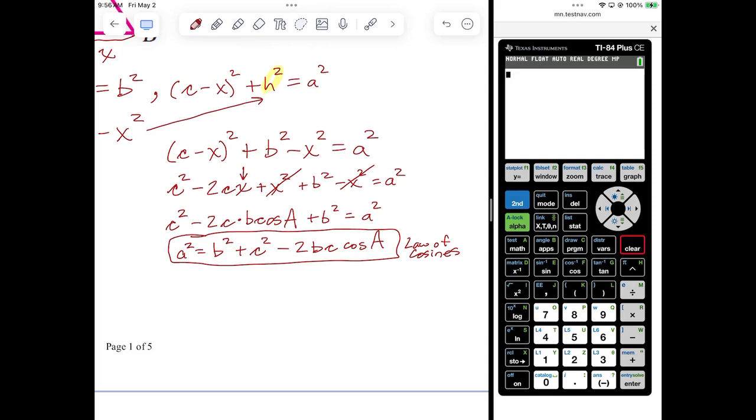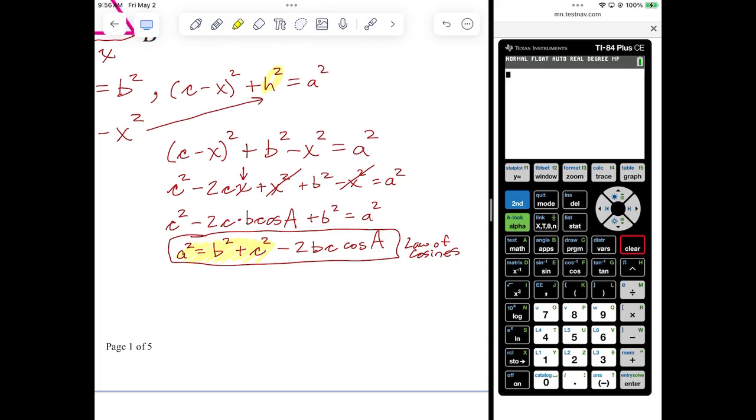Now, I want you to pay attention to the first three letters in this equation, okay? It's a squared equals b squared plus c squared. Where have you seen a squared equals b squared plus c squared before? That's the Pythagorean theorem, right? That is the Pythagorean theorem, where a is the hypotenuse instead of c.